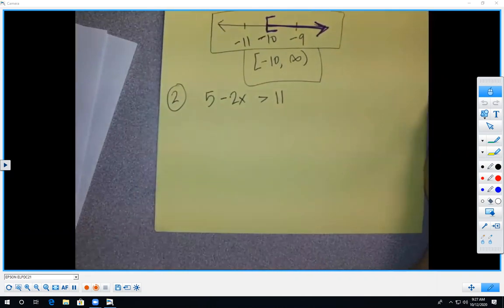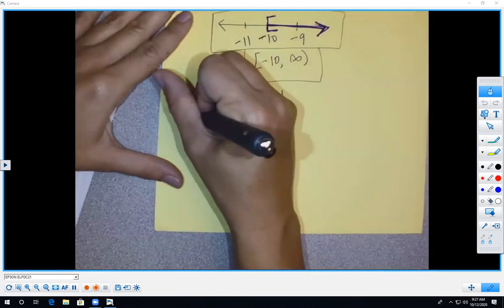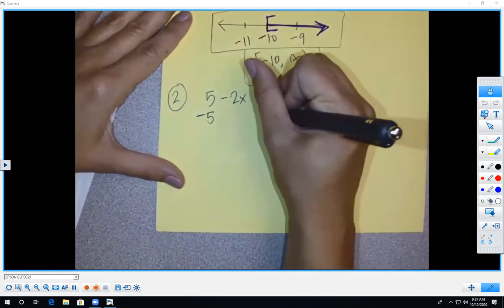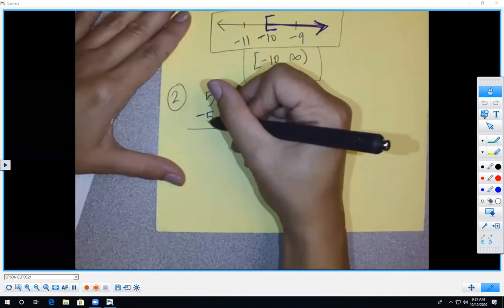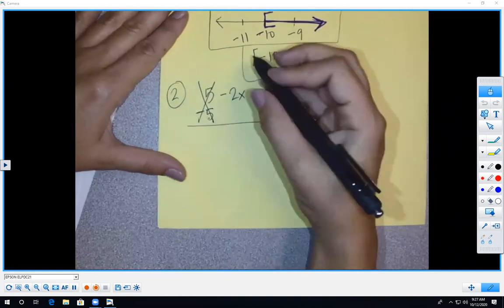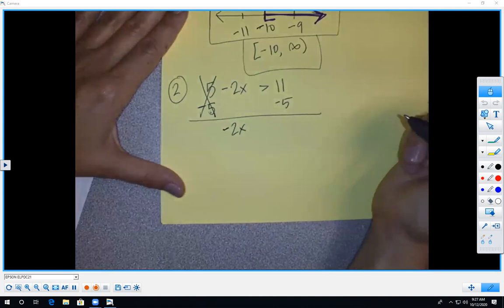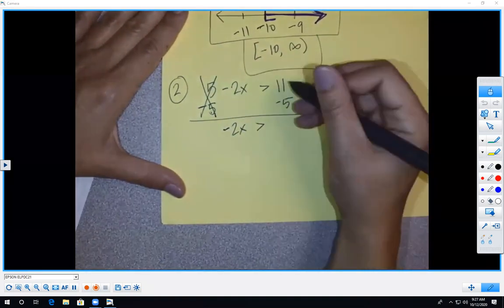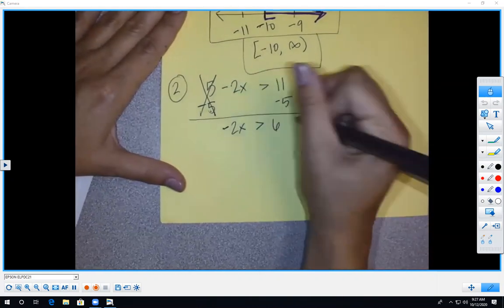How do you move the 5? Subtract it, because it is a +5, so you need to subtract it from both sides. So 5 minus 5, those undo each other. I'm left with -2x on the left-hand side is greater than 11 minus 5, which is 6.